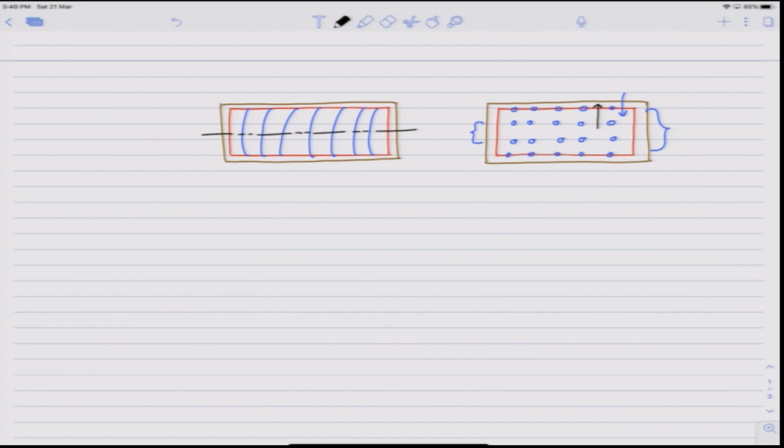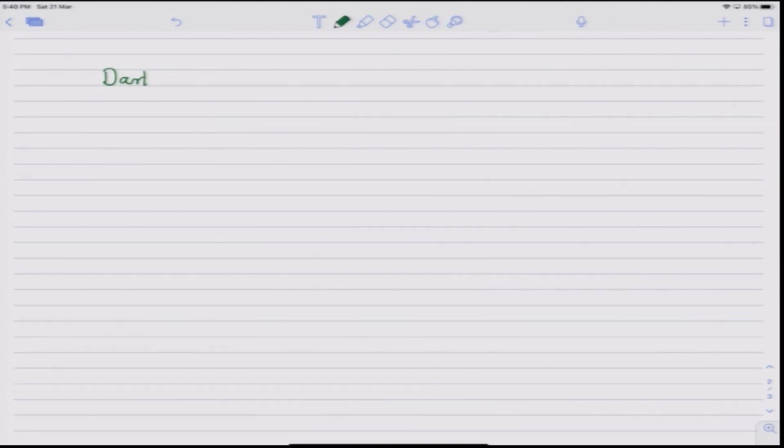So, let us try to derive that equation, which is known as Darken's equation. Now, we will work with constant molar volume case, and we will work with a binary system.